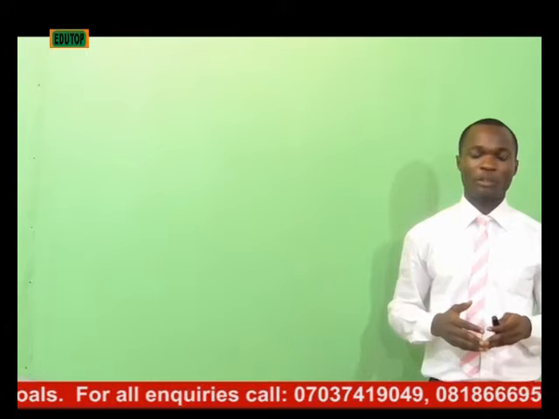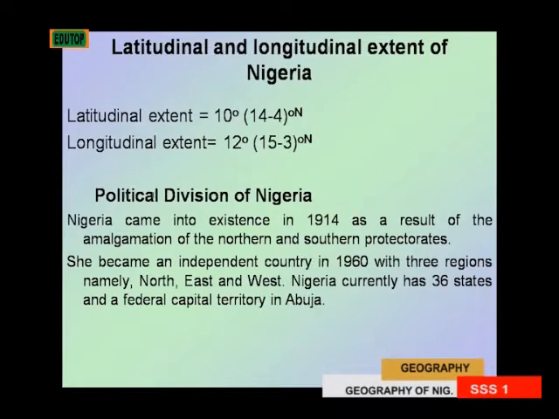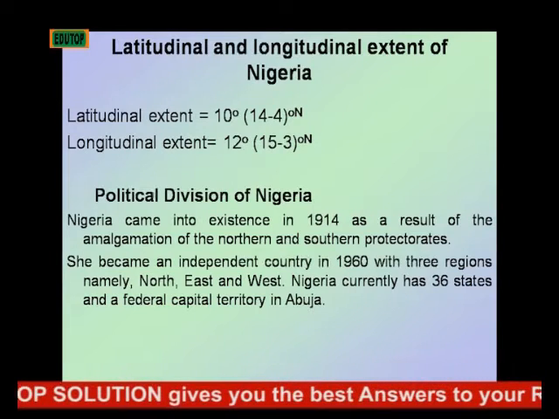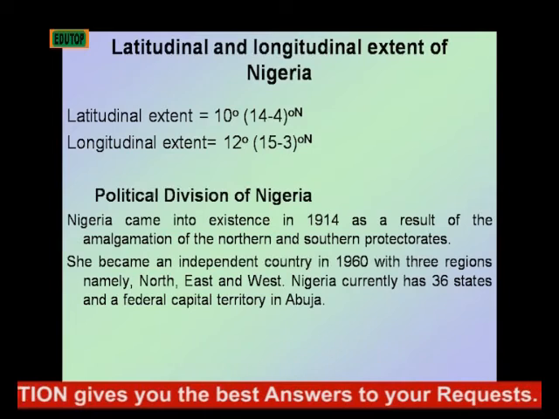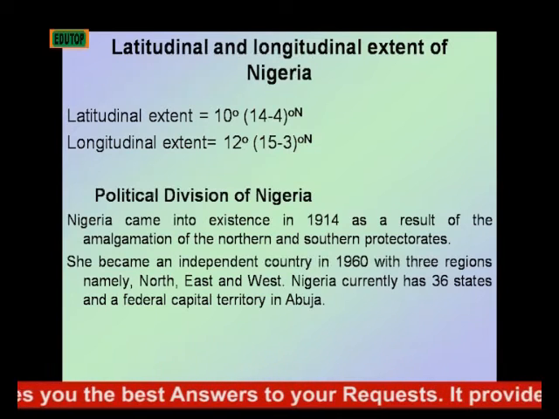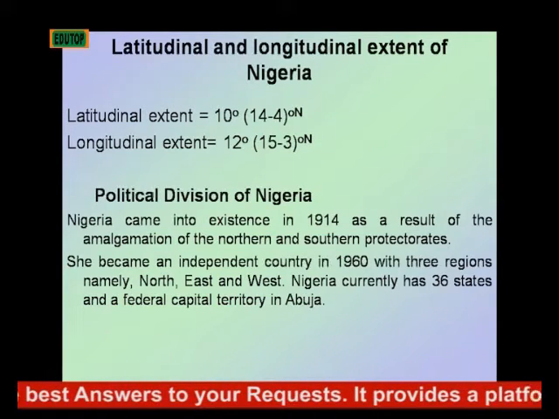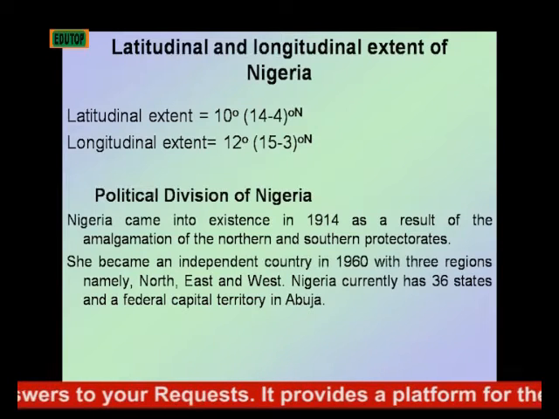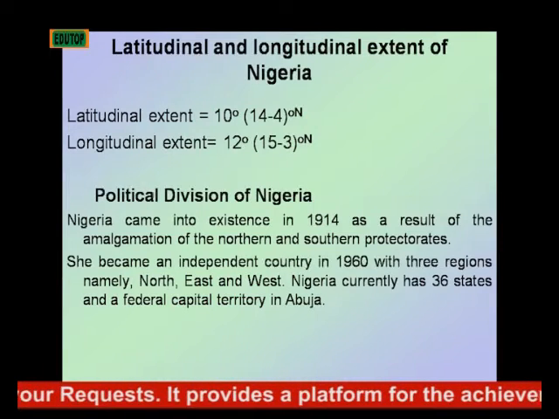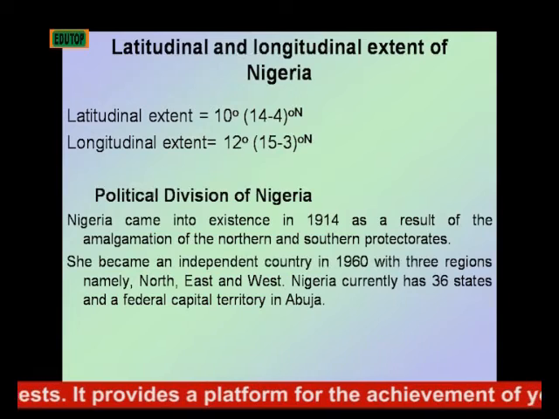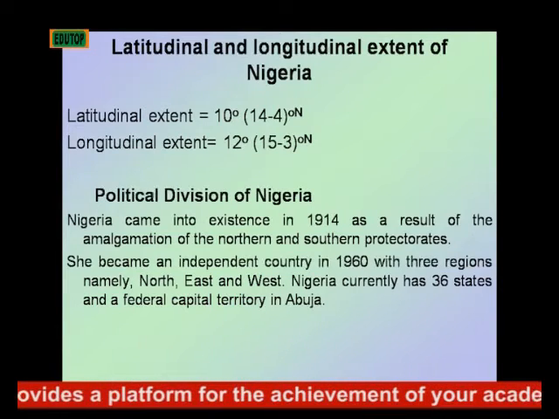The political division of Nigeria. Nigeria came into existence in 1914. This was as a result of the amalgamation of the northern and southern protectorates. Nigeria became an independent country in 1960.